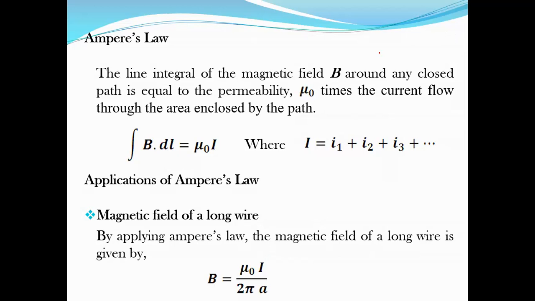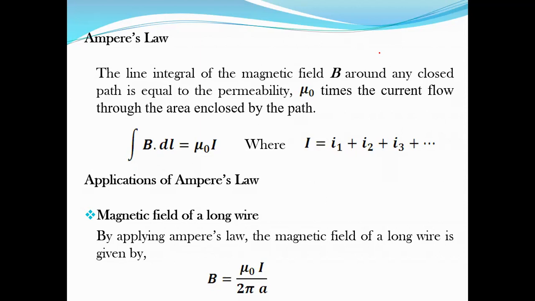Ampere's law says that the line integral of the magnetic field around any closed path is equal to the permeability times the current flowing through the area enclosed by the path.